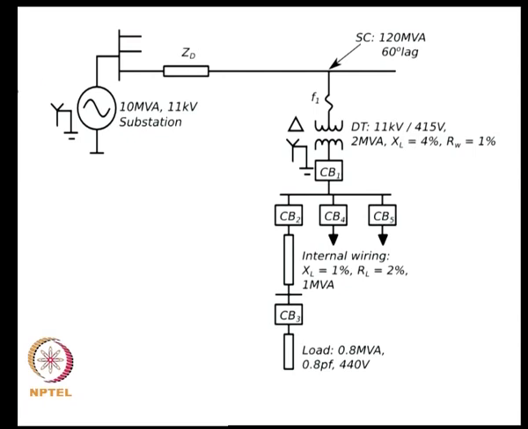So, we are looking at, say, a system coming in from a substation. You have a substation grounded 10 MVA 11 kV feeder coming from the secondary side of the transformer at the substation. You have the impedance of the line, and so this is the distribution line feeder impedance.